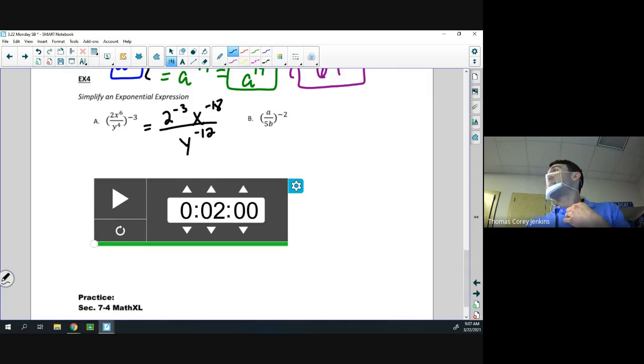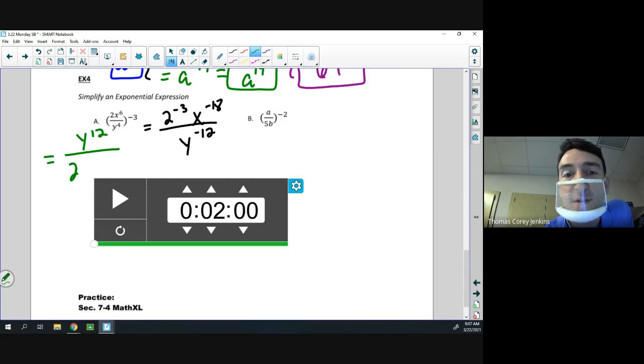Now, obviously, I got a lot of negative exponent stuff to take care of, okay? Actually, all my exponents are negative, so I reciprocal all of them. So that's going to give me y to the 12th over 2 cubed times x to the 18th. I just flip them all, and then I have my positive exponents.